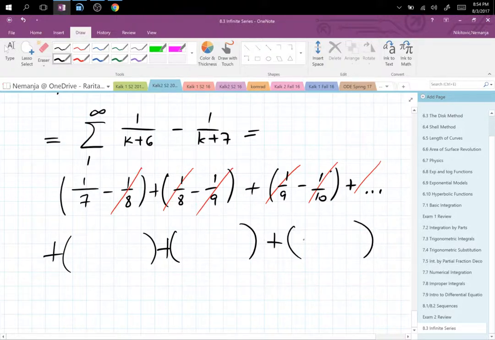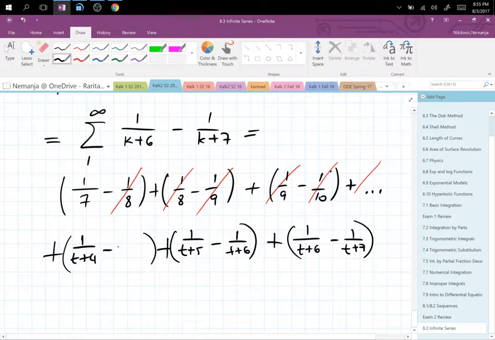The last one, you can't use k now. You can use whatever other value you want. So I'll use t plus 6, t plus 7, t plus 5, 1 over t plus 6, t plus 4, minus 1 over t plus 5.